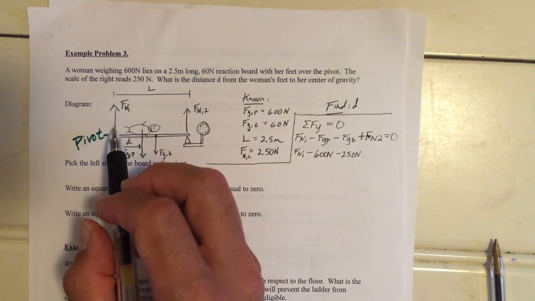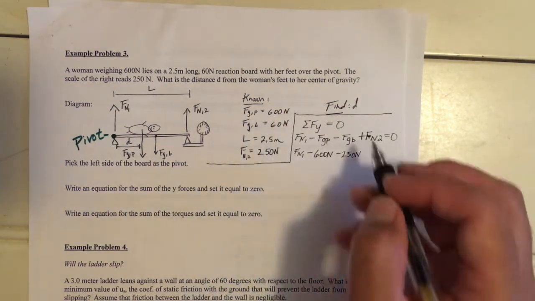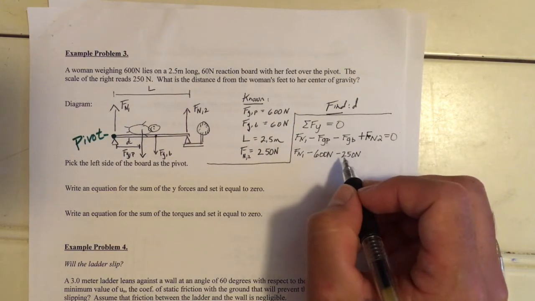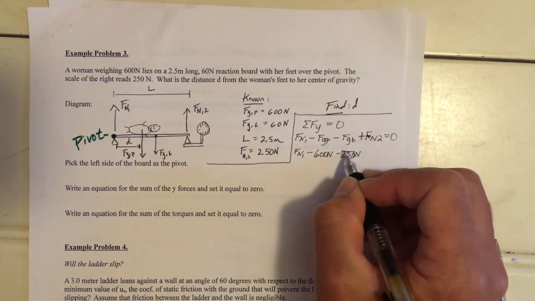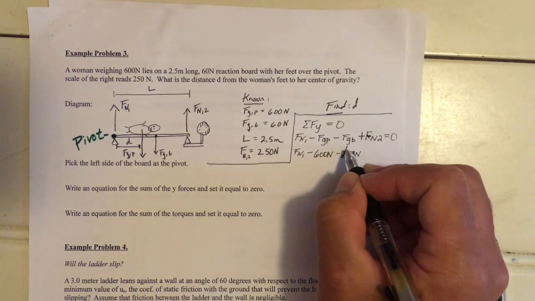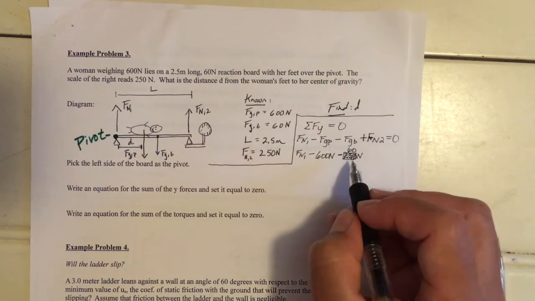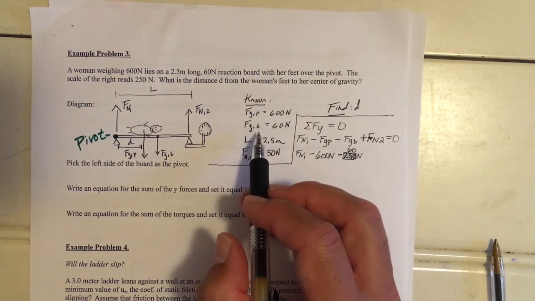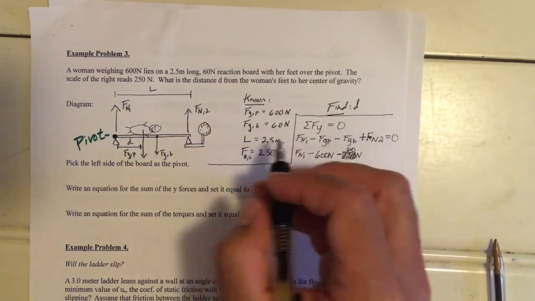I don't think we do. Oh, it's 60 newtons, sorry. Yeah, okay, let's just get rid of this. Negative 60. All right, it says right here, 60 newton board. I was just reading it from here.